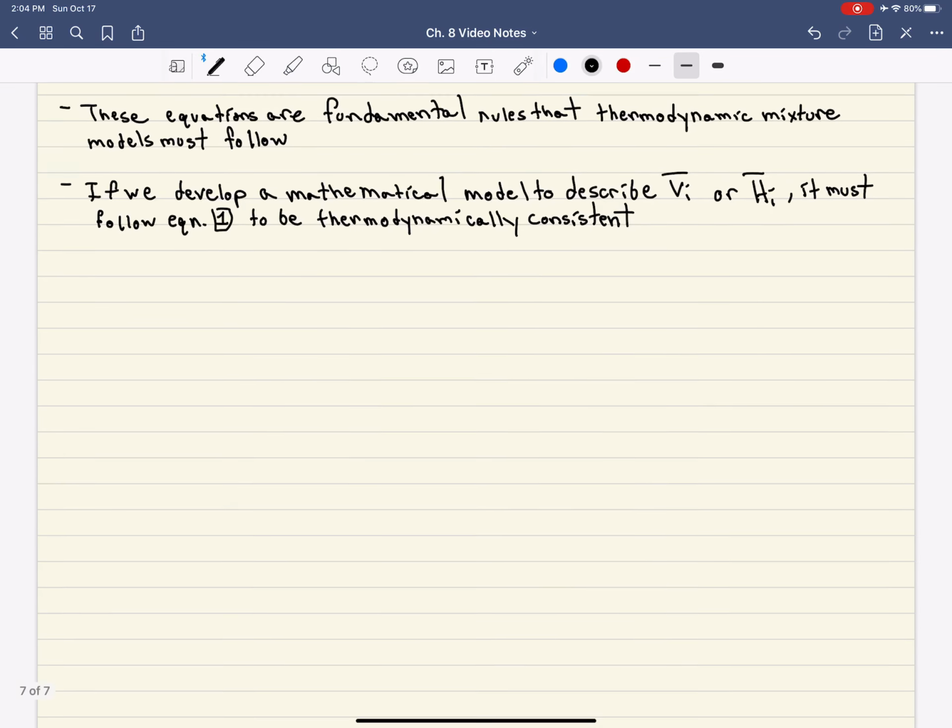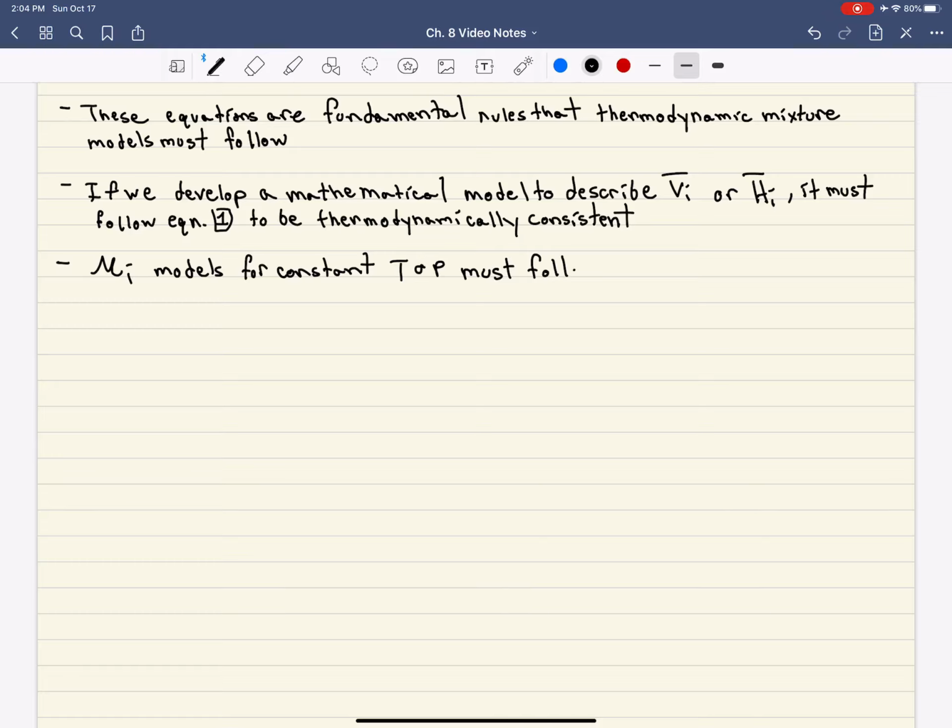Likewise, if we're looking at the chemical potential of a model, so models for constant T and P must follow equation 2.